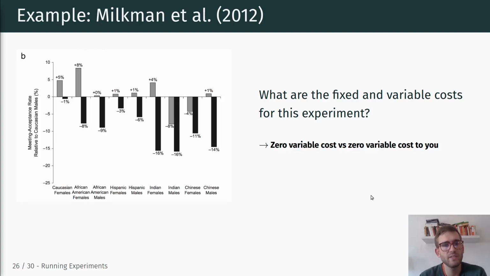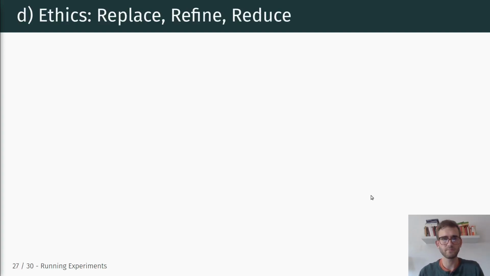So increasing the number of observations also increases the costs overall, because people have to respond to those emails, right? So in some situations, the benefits can outweigh the costs. But it's something to keep in mind that zero variable cost for you as a researcher doesn't necessarily imply that it's zero variable cost overall when it comes to the design.